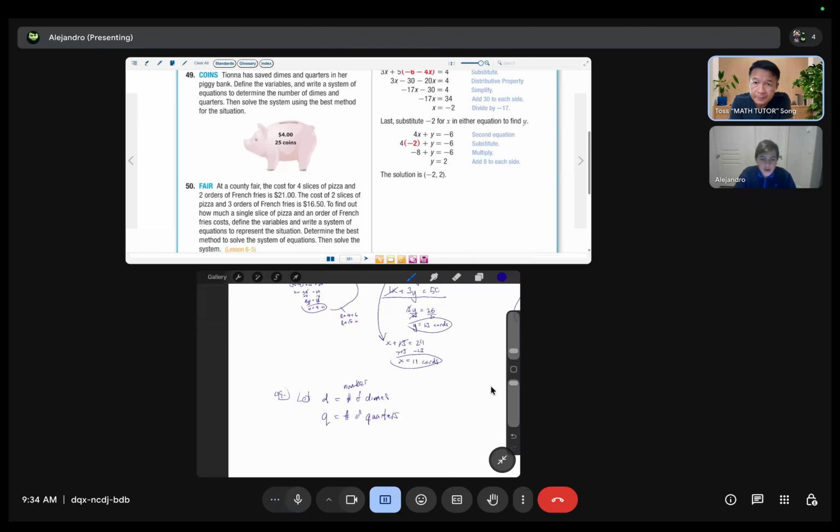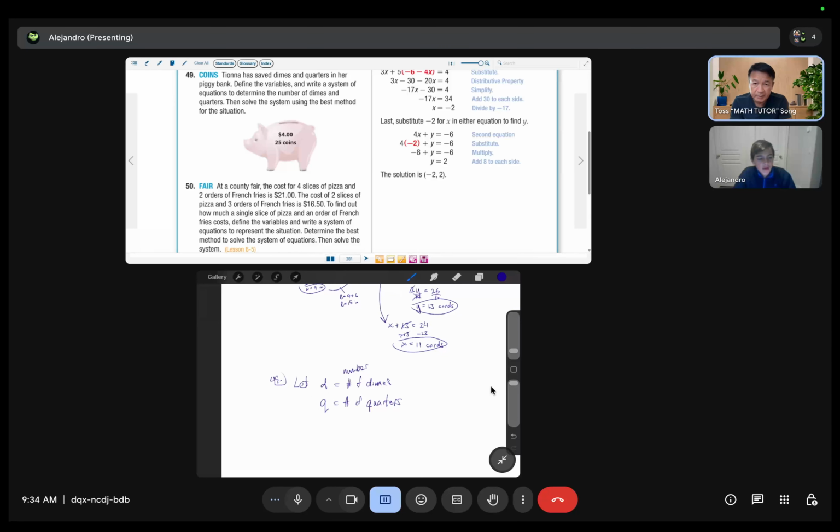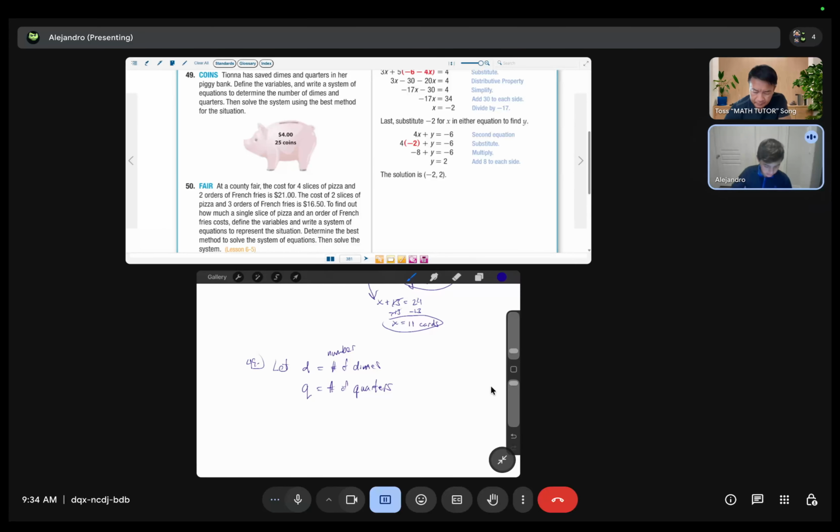Okay, all right. How would you do this one? The coin problem will highly likely be on the test or quiz. So what I would do is D plus Q equals 25. Okay, good.